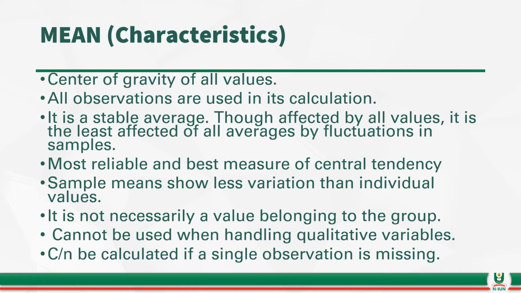It is also the most reliable, best measure of central tendency. It is not necessarily a value belonging to the group when you calculate it, and cannot be used when handling qualitative variables. It also cannot be calculated if a single observation is missing.